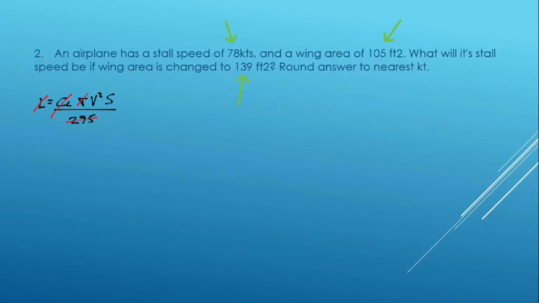The relationship of velocity and surface area is given in the lift formula, where velocity squared times surface area is part of the formula. So we can use that relationship to find what we need.